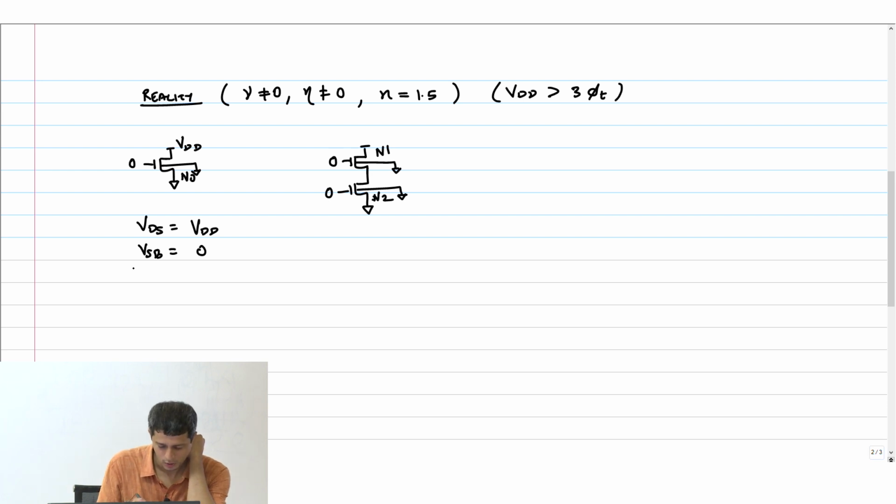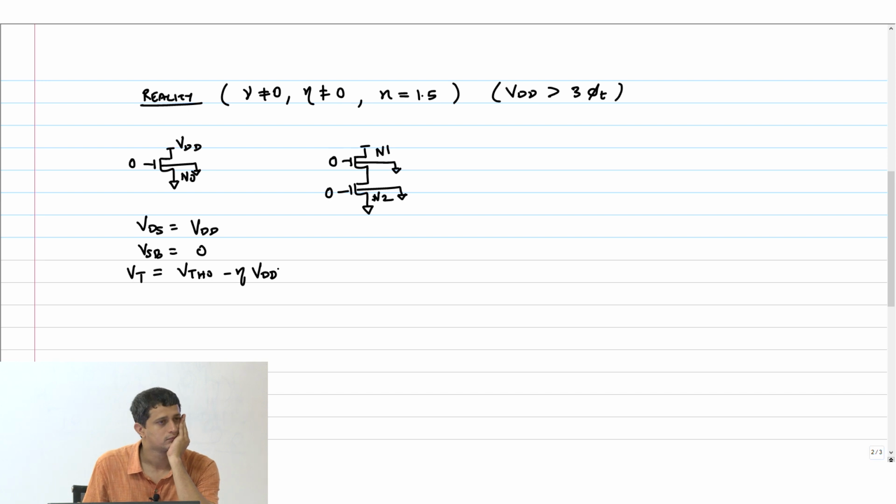So therefore, what will happen to this VT of N0? It will be VT0, but there will be this DIBL effect, right? So it will basically be VTH0 minus eta times VDD.